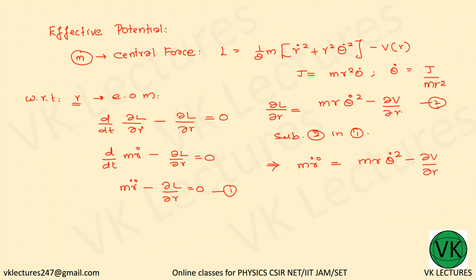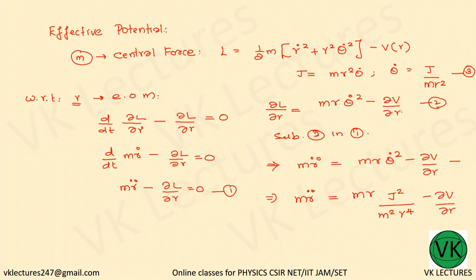Now from here we have theta dot equal to J by m r squared, and theta dot squared will be equal to J squared by m squared r to the power 4. So this gives us m r double dot is equal to m r times theta dot squared, substituting equation 3, we get J squared divided by m squared r to the power 4 minus dou V by dou r.